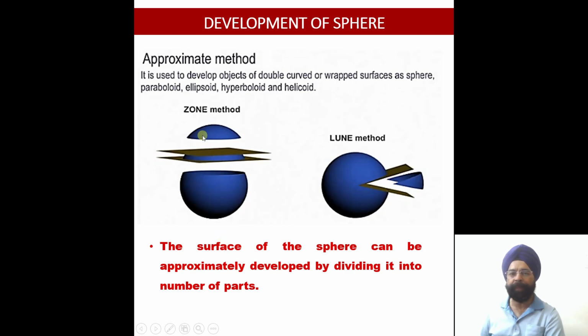What is going to happen is that the topmost portion of this sphere which has been cut over here will be treated approximately as a cone. So the development of the topmost portion will be done as per the development for the cone. Then for the remainder, there can be 3 or 4 segments up to the top hemisphere.